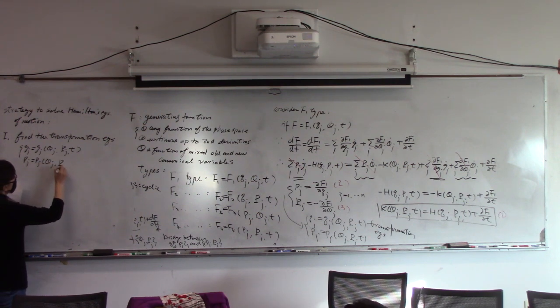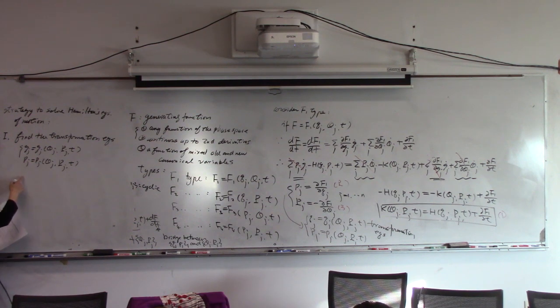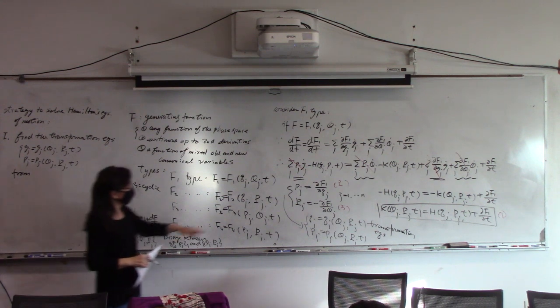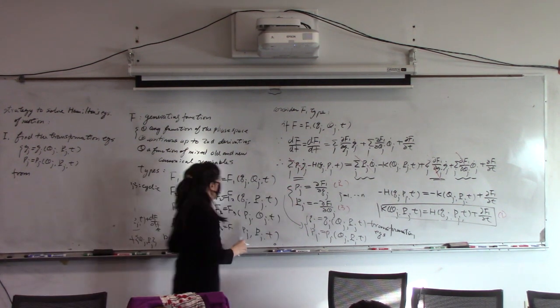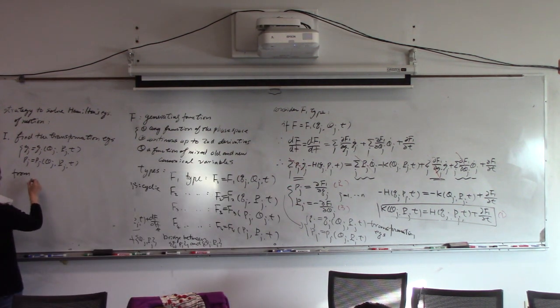I'm going to give you details later. Try to find this, and find this one from these two, from F1. Let me just say that. Then we will see the details. So that is the first step.